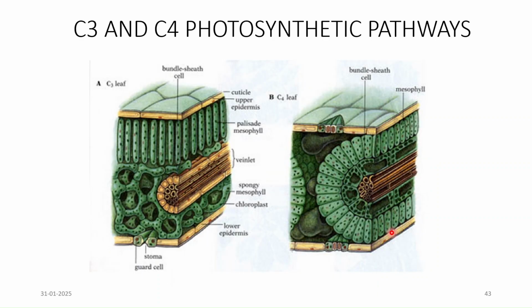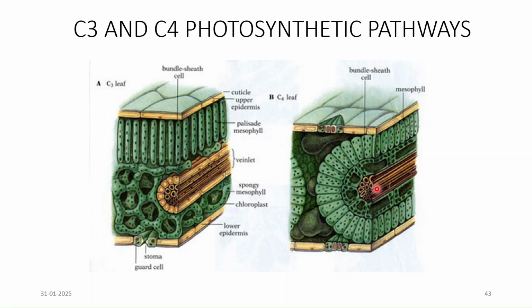This is another picture of the cross section. We see that this is the vascular bundle, and this is the bundle sheath, and you can clearly see how it is not green in color, indicating that there is not much photosynthesis happening in this bundle sheath cell. Most of it is happening in the palisade and the mesophyll cells.